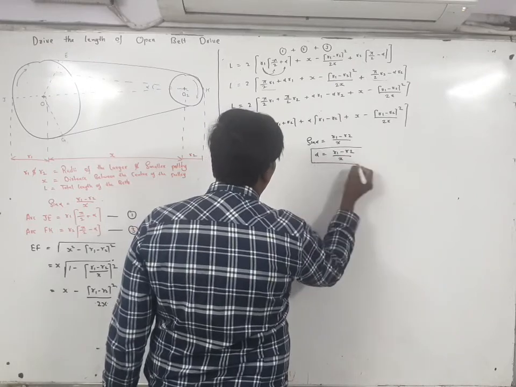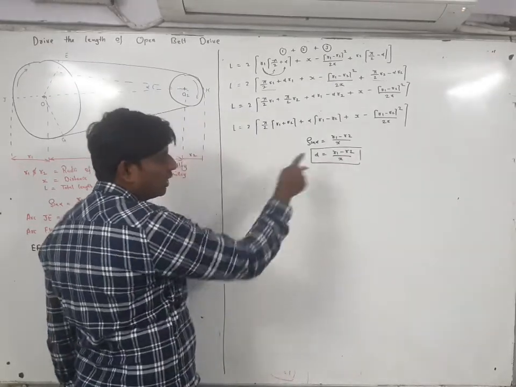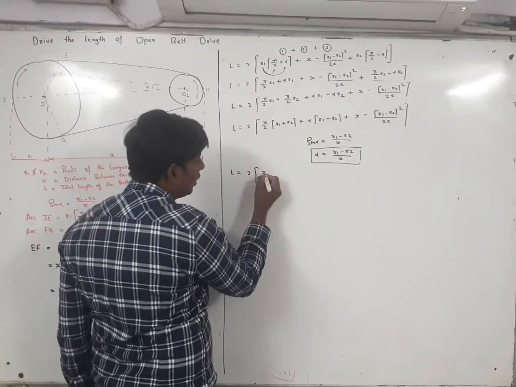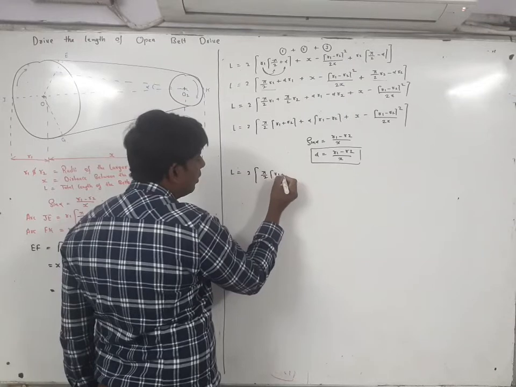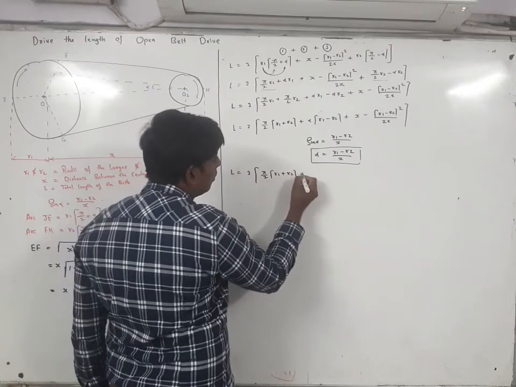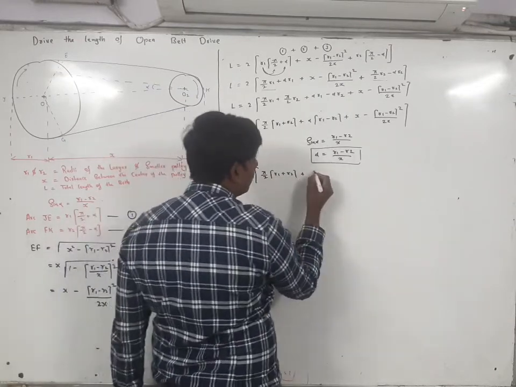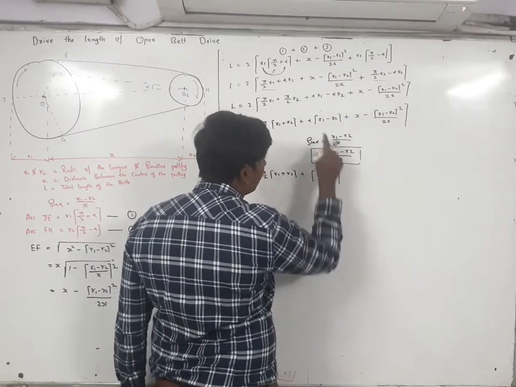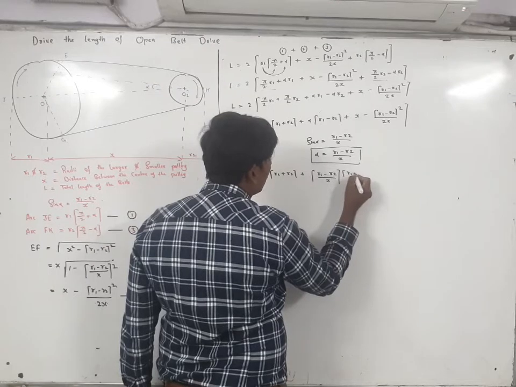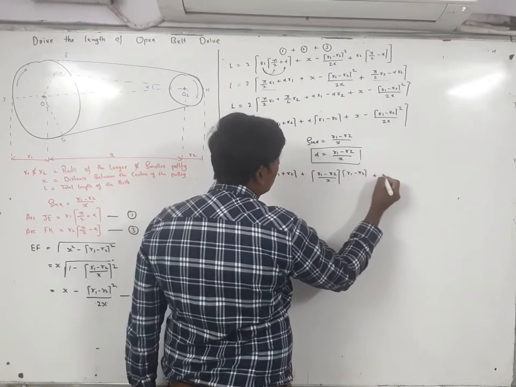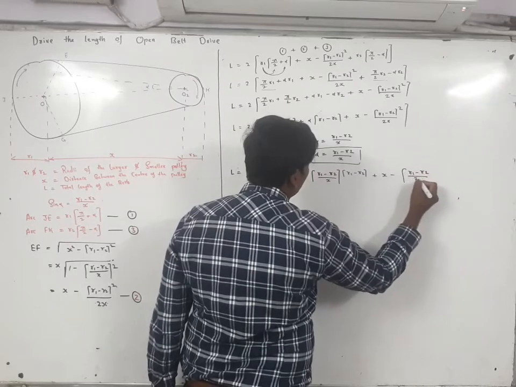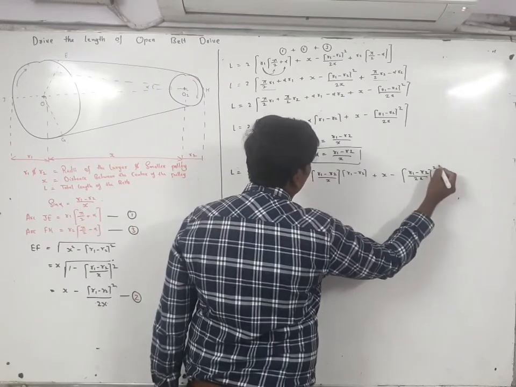In place of alpha you can write (R1 minus R2) by x. So L write down as it is, 2 write down as it is, pi by 2 write down as it is, R1 plus R2 plus, in place of alpha what you have to write? (R1 minus R2) by x, write down as it is. What is this one? R1 minus R2 plus x minus, here (R1 minus R2) by 2x, this is whole square.